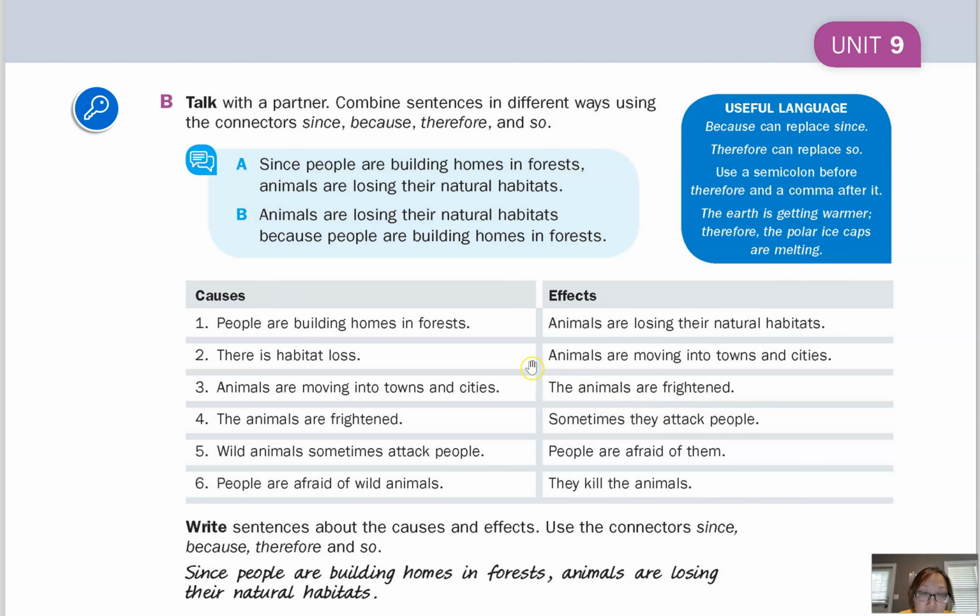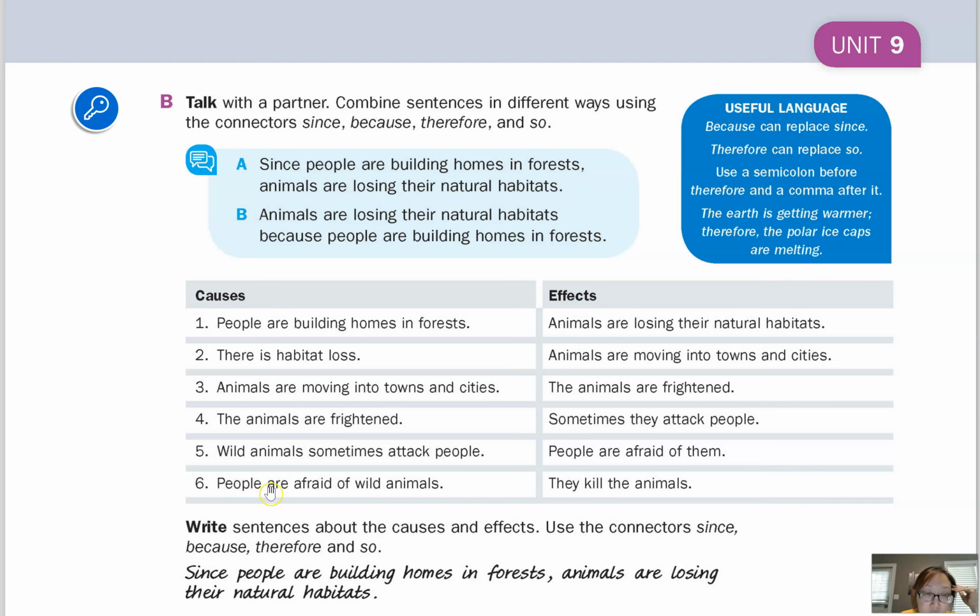Now let's look at the cause clauses. So we can say, since there is habitat loss, animals are moving into towns and cities. Since animals are moving into towns and cities, they are frightened. Since the animals are frightened, sometimes they attack people. Since wild animals sometimes attack people, people are afraid of them.